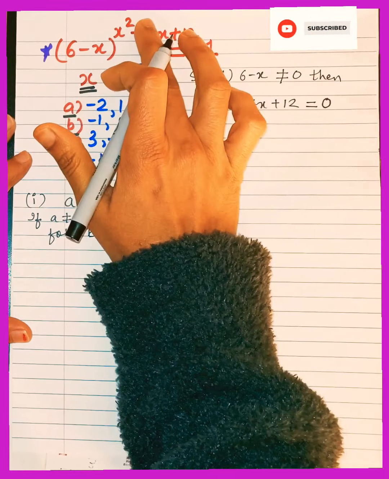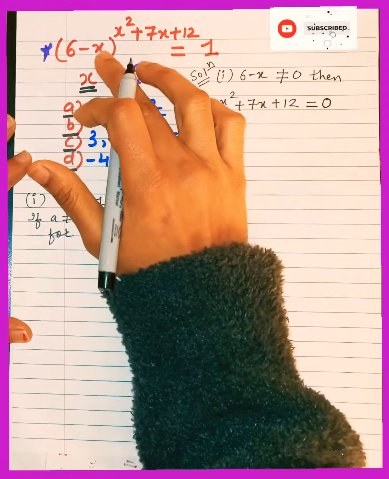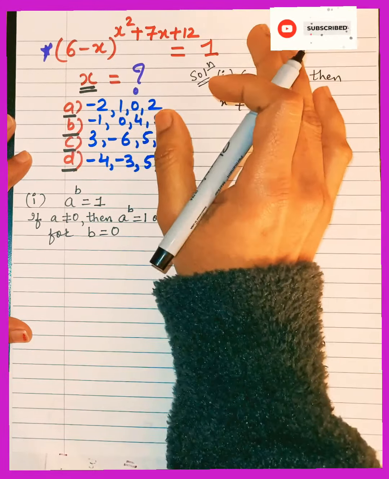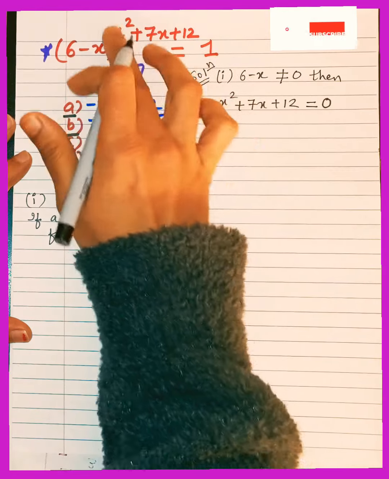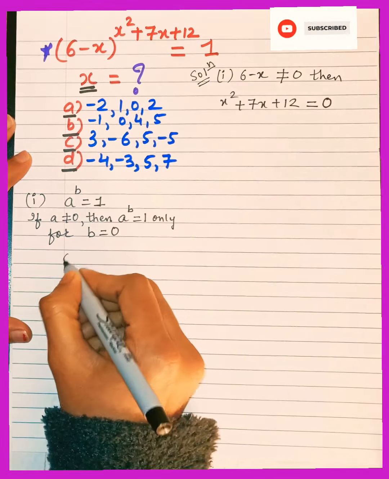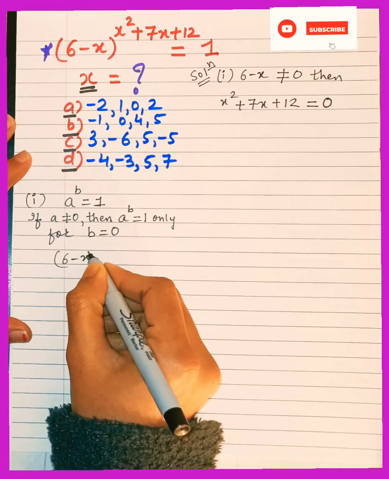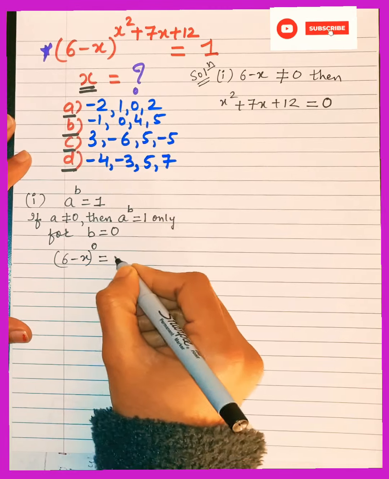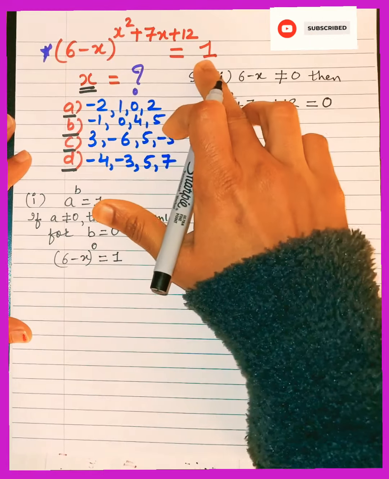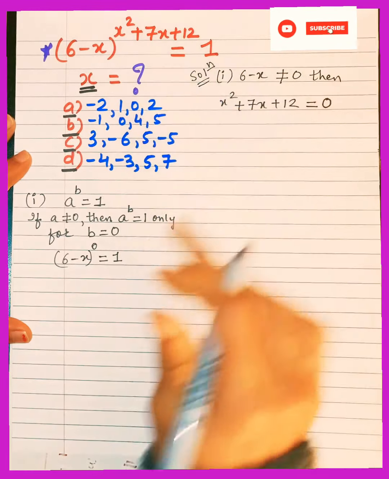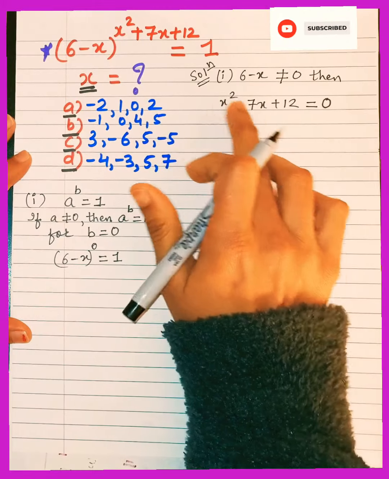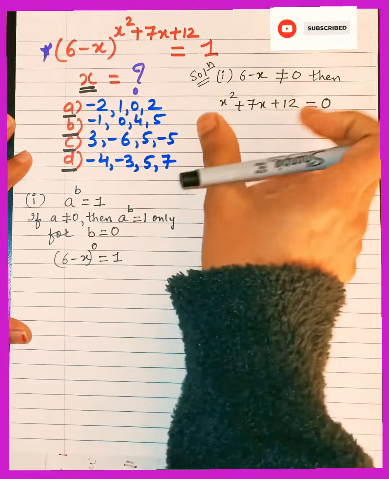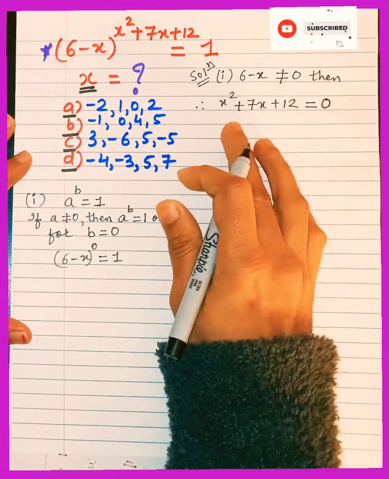Any number raised to 0, according to the rule of power and exponent, is equal to 1. So we are getting 1 and the condition is satisfied. 6 minus x is not 0, but this part is 0, so anything raised to 0 is 1. It means x square plus 7x plus 12, this whole part, is equal to 0.